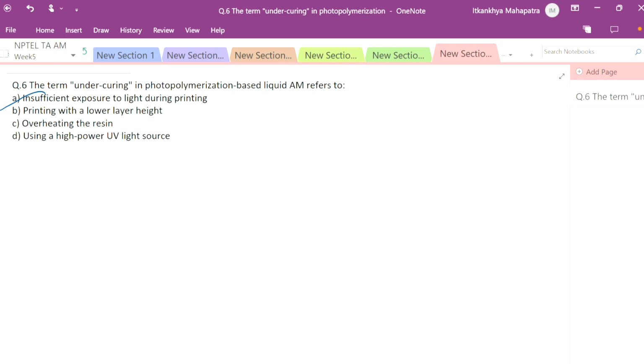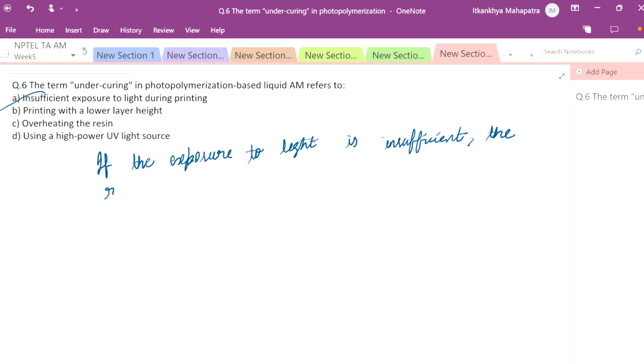Now, if the exposure to light is insufficient, the resin may not fully polymerize and cross-link.